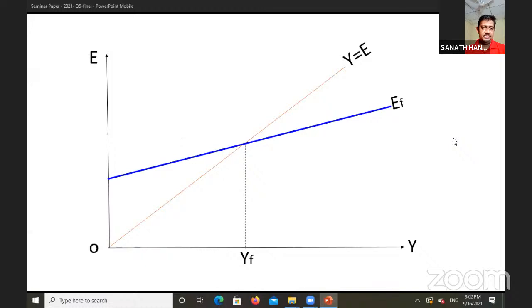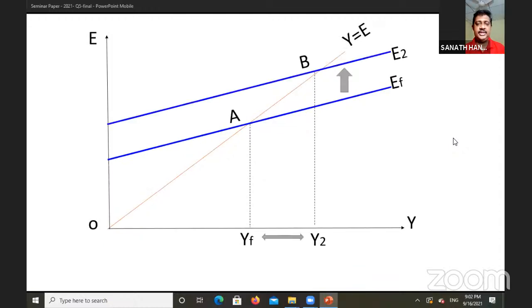So assume this is the full employment level. At the full employment level, there is no output gap. The output gap is the difference between actual output and potential output. Here, actual output equals potential output, so there is no output gap. Assume in this economy, due to some reason, expenditure increases, aggregate demand increases.